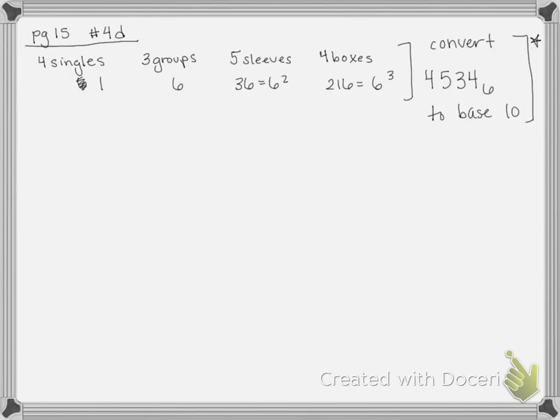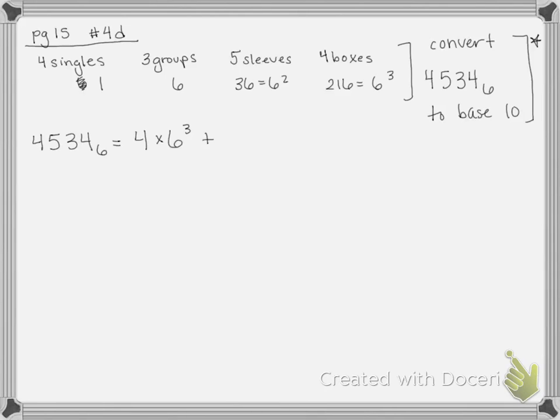Okay, so we're going to start with 4,534 base 6. And in order to break that down, we're going to break it up into the 4 separate pieces. So the first value we see is 4, and that matched when we had a power of 6 to the third.